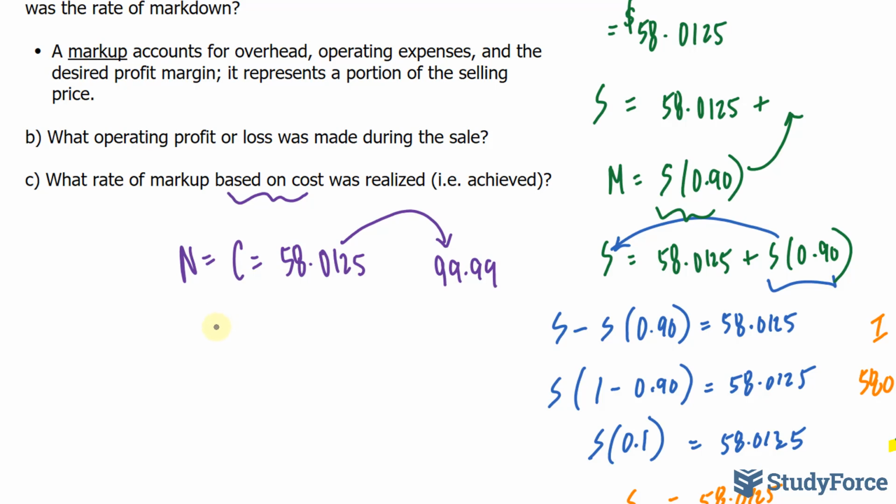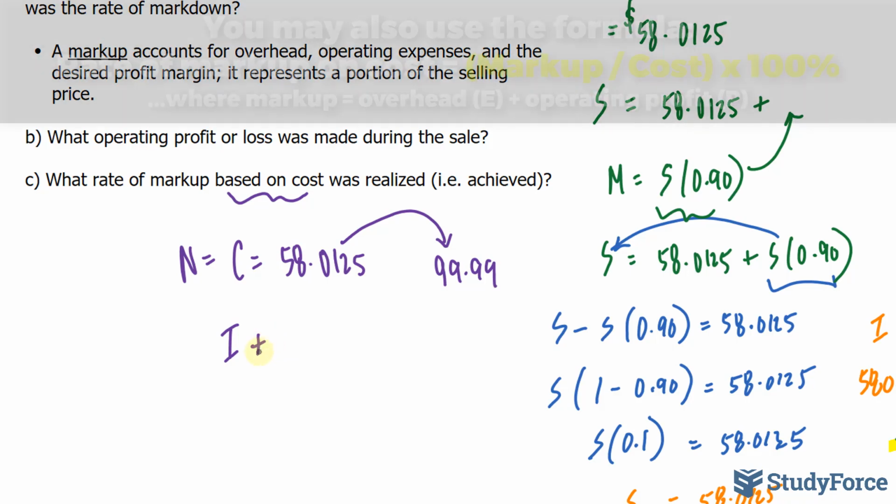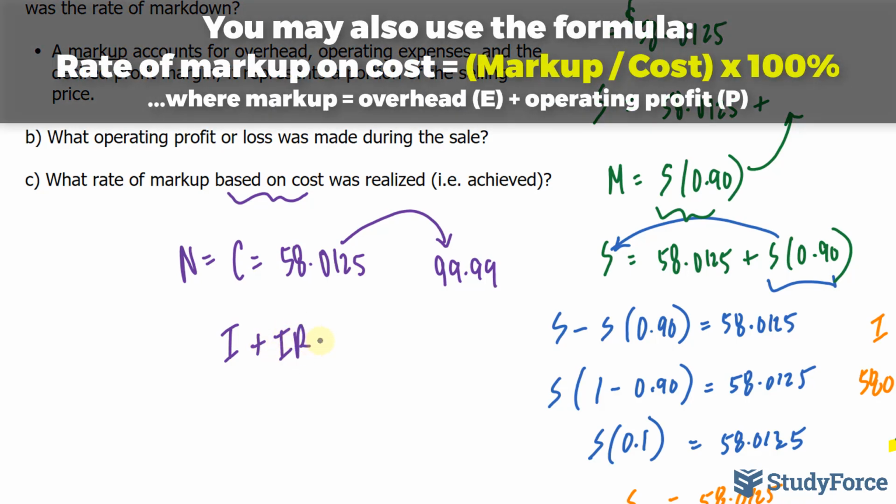So remember that the percentage change formula, specifically for percent increase, is initial plus I R is equal to F. Initially, the cost is 58.0125.